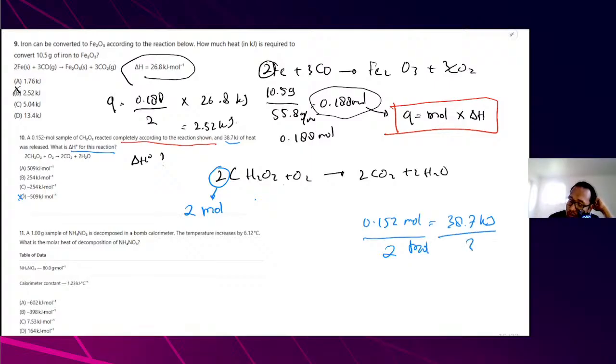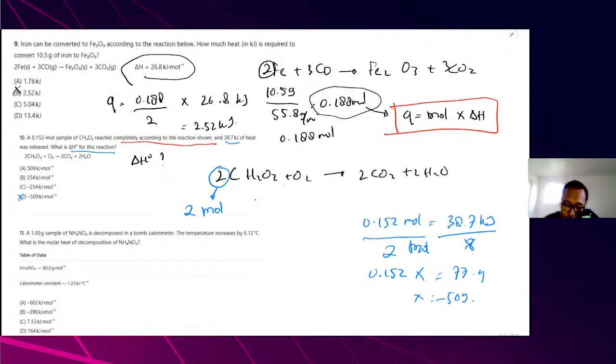What's the kilojoule over here? It's pretty simple: 38.7 times 2 over 0.152, so x will be minus 509.